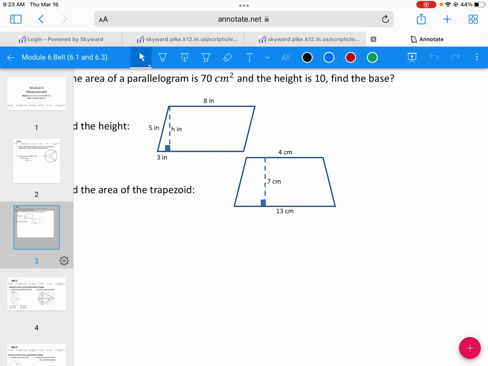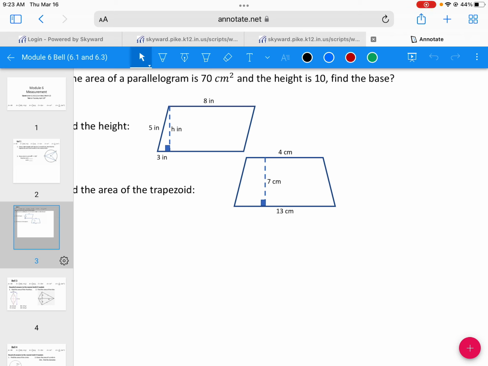Page 6. And we are talking about, as I recall, finding a missing measure. I believe they give you the total area. I can't even remember what the figure is.